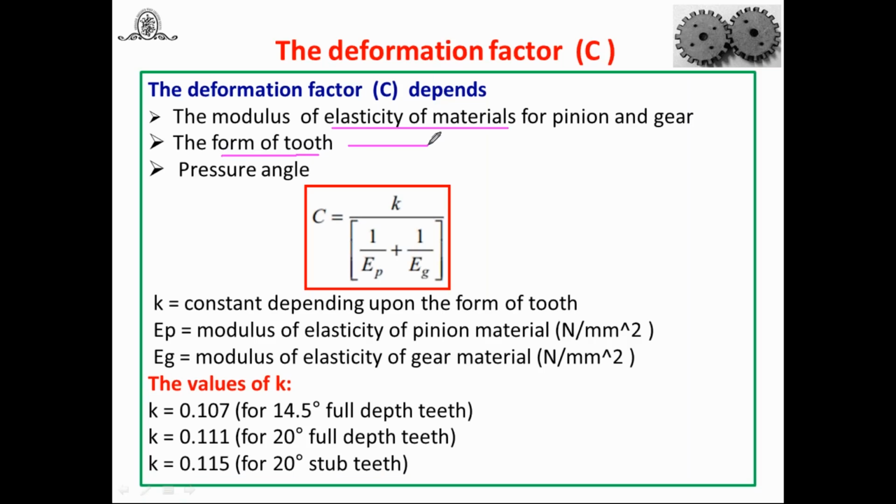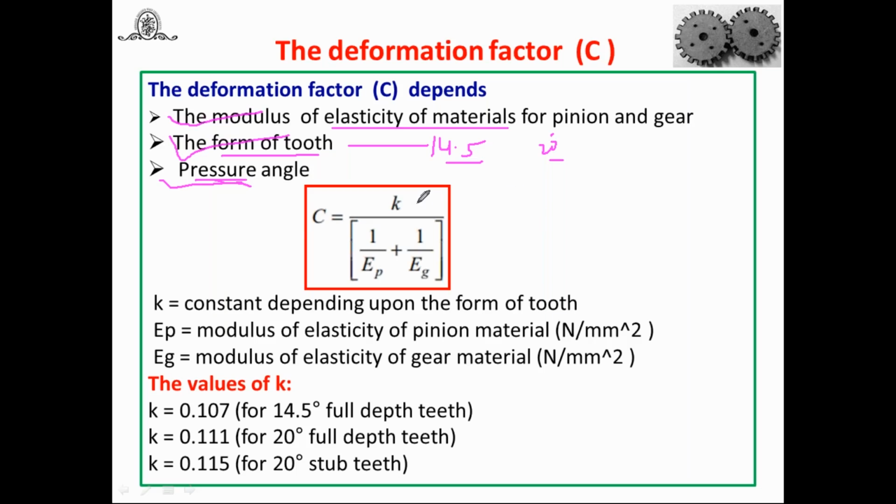It also depends on the form of tooth, whether the 14.5 degree system, 20 degree full depth system, or 20 degree stub form of tooth. If we are discussing form of tooth, that means pressure angle. So the deformation factor depends on the modulus of elasticity, on the form of tooth, and on the pressure angle. Try to understand.